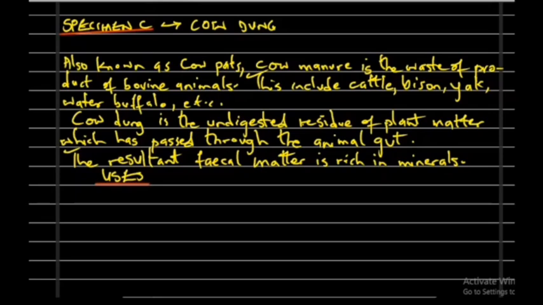Uses of the cow dung. Number one, it is used as fuel. Number two, it can be used as fertilizer. Number three, it can be used for floor and wall coating.